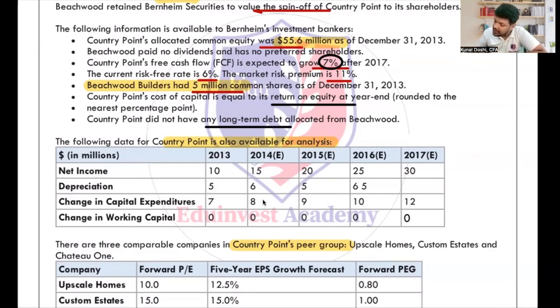Here, if you notice, Country Point's allocated common equity was 55.6 as on December, just when the split was about to happen, right? But book value is nothing but the total value of equity, isn't it? So 55.6 was allocated to Country Point.